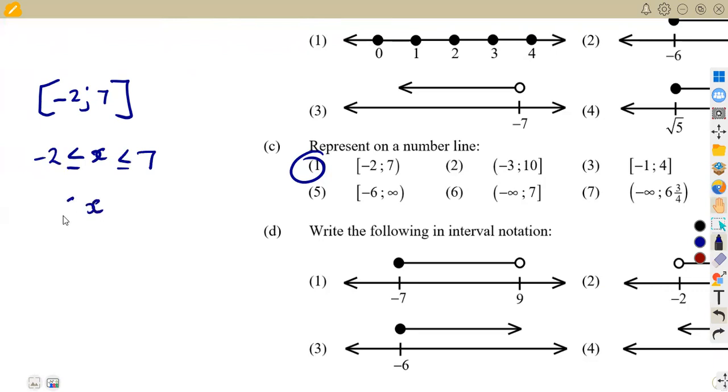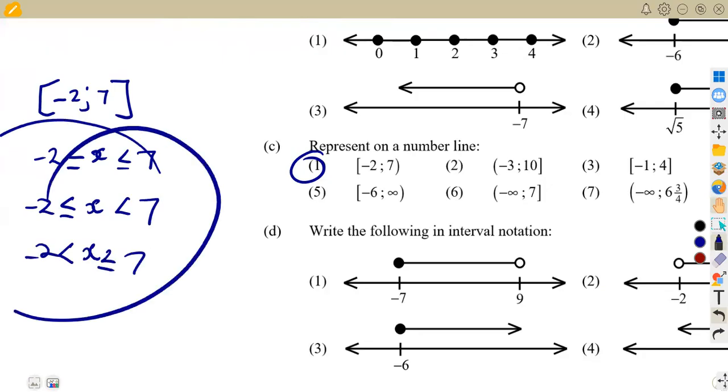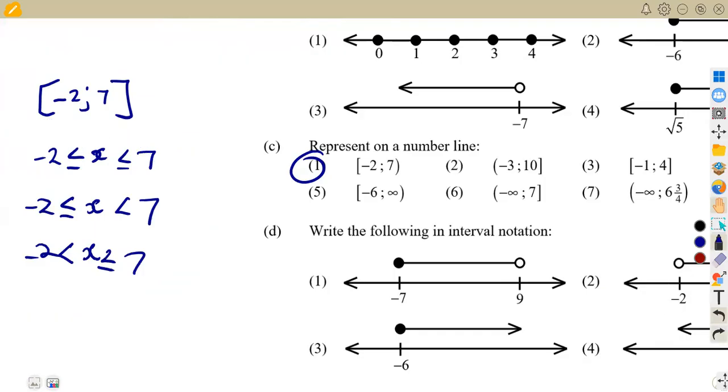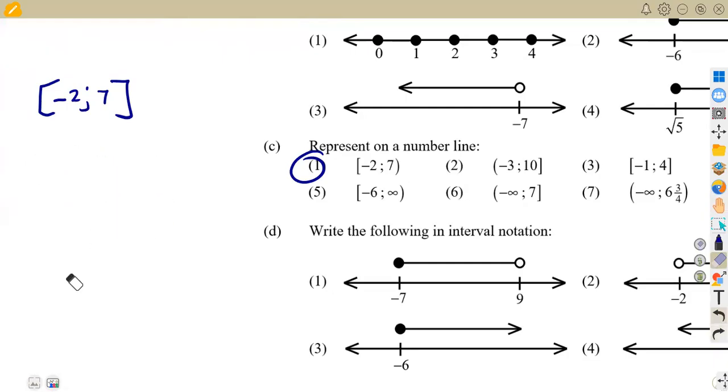I can mean it this way: x is greater than or equal to -2, but less than 7. x is greater than -2, but less than 7. So it's not a specific illustration that is clear to you guys, and it's so unfair because of that, because it can be presented in any way.